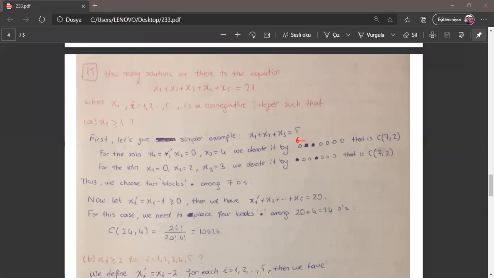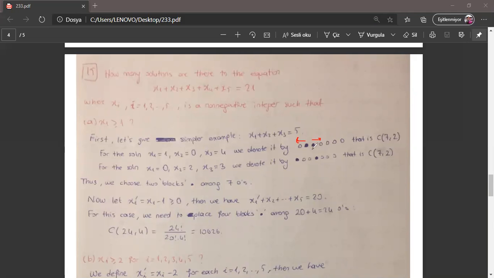So x1 is 1. Between these 2 blocks, there are no empty dots. So we have 0 as the solution of x2. And to the right of this block, we have 4 empty dots. Okay, so x3 is 4.